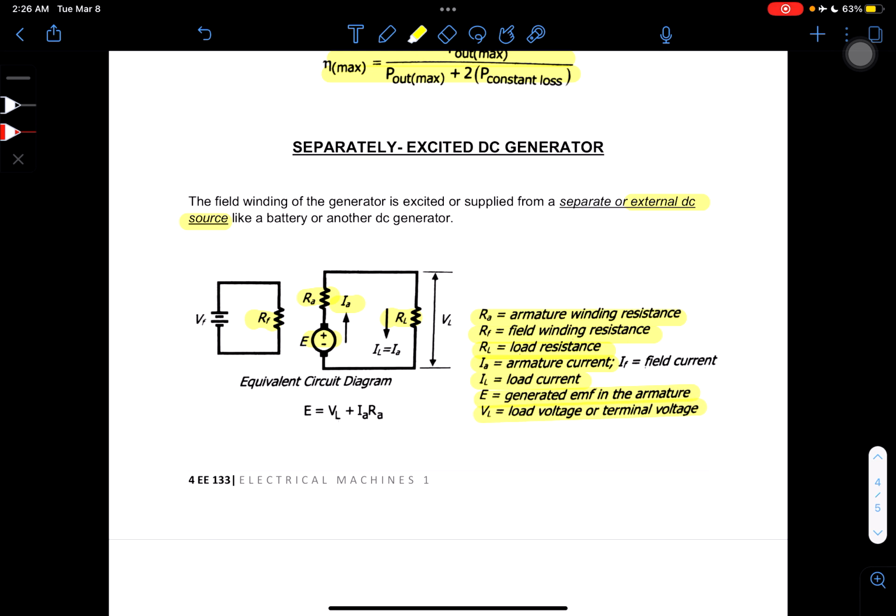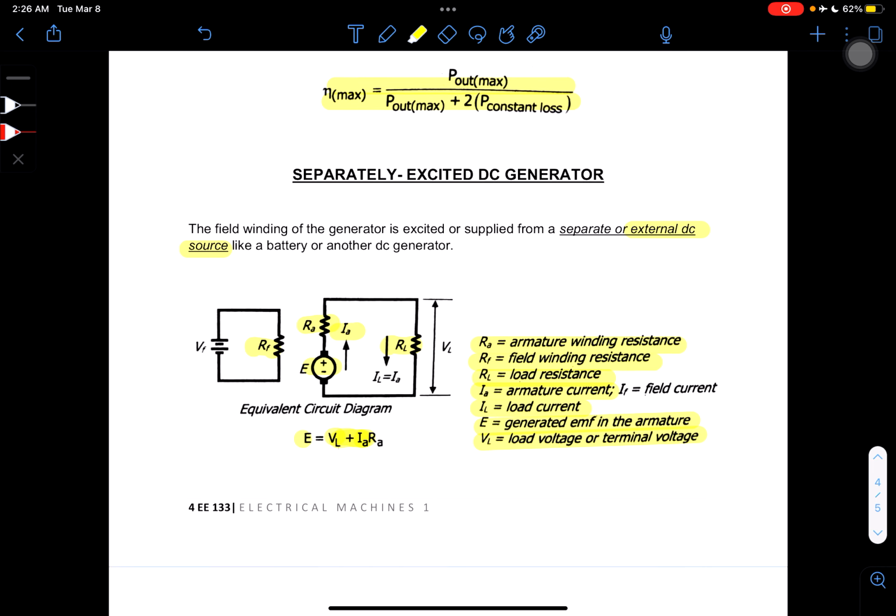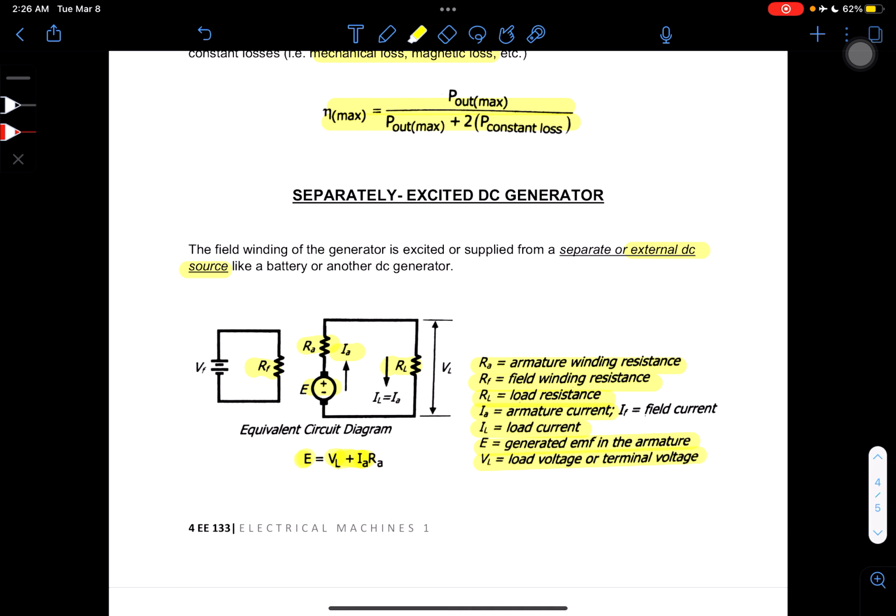So, the formula for solving our generated EMF in the armature: E is equal to VL plus IA multiplied by RA. Very easy formula, right? So take note of the formula for the separately excited DC generator.